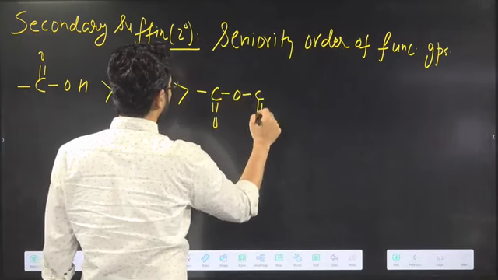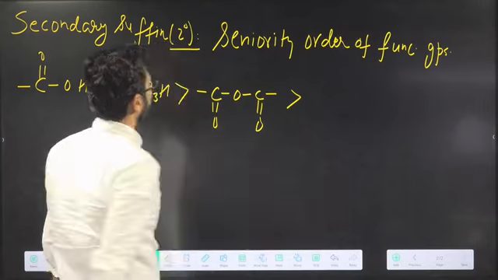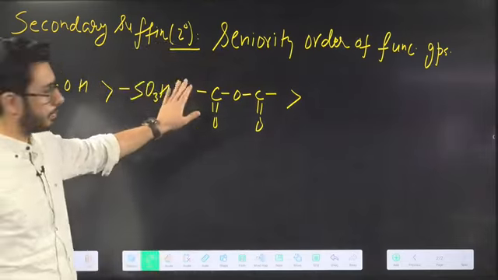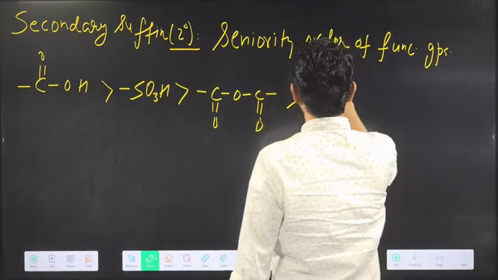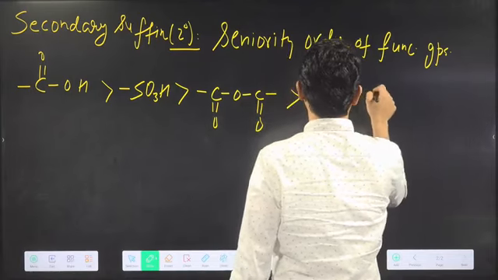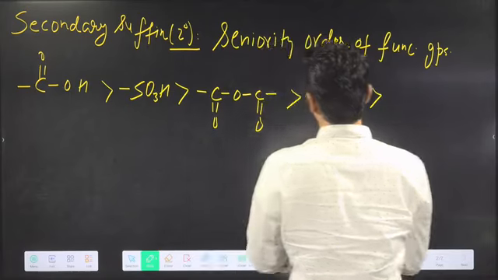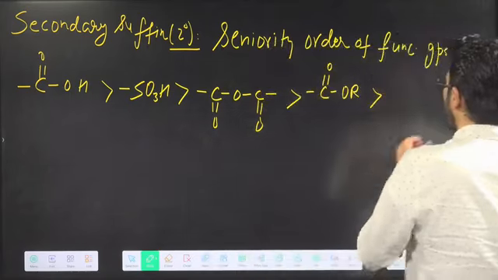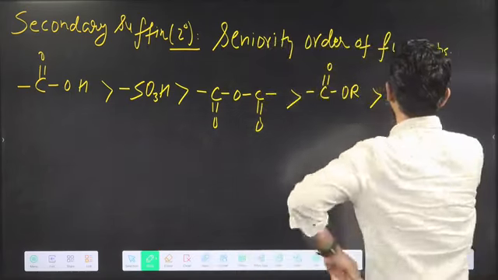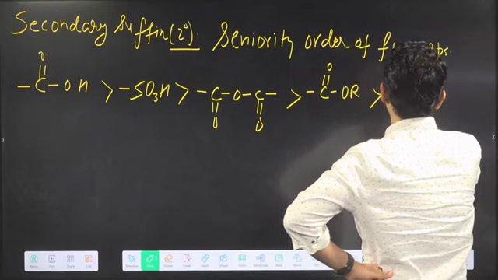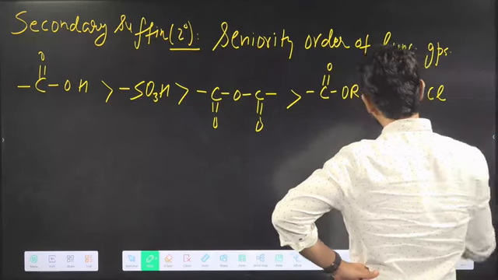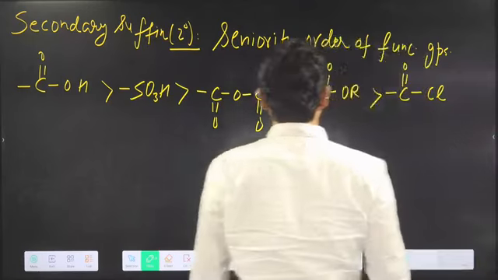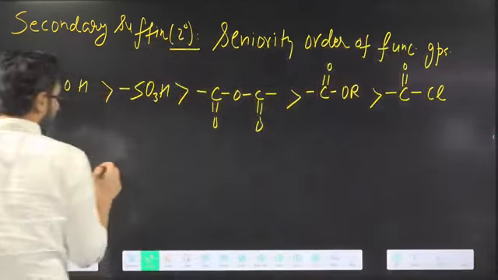In NCERT, anhydride is not given, so you can add it here, anhydride, then ester, then acid halides X. Generally we use halogen Cl, otherwise COX, acid halide or acyl halide.